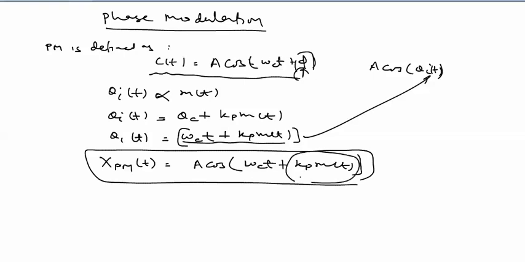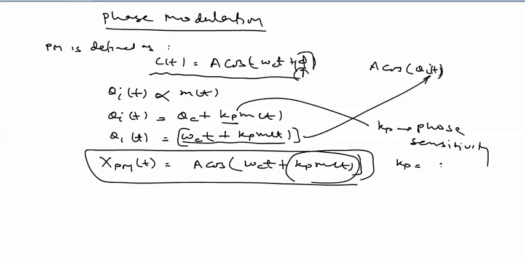As per the definition, the waveform shows phase modulation. Here kp is the phase sensitivity. We can write its unit: kp is in radian per volt.